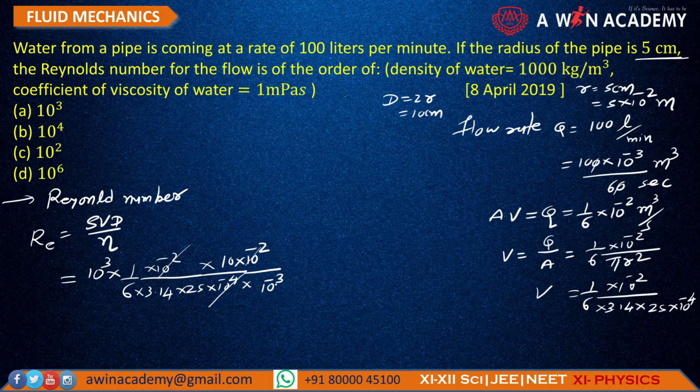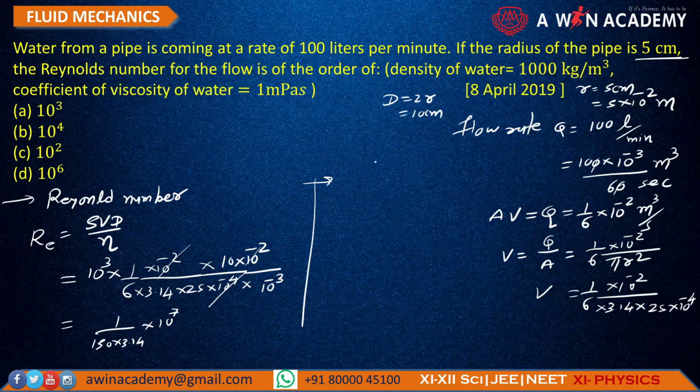Here 10 raised to minus 3, it will move upward, then it will become 10 raised to 6. 25 into 6, it becomes 150. So we can note 150 into 3.14 into 10 की पावर 6. 6 और 1 और है तो ये 7 पावर हो जाएगा. It will become 7 power of 10.